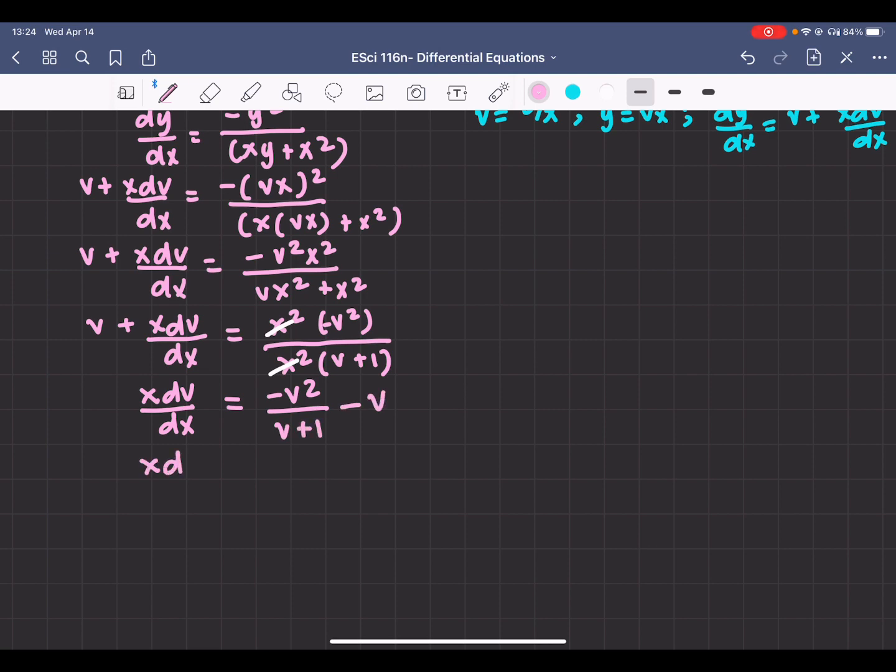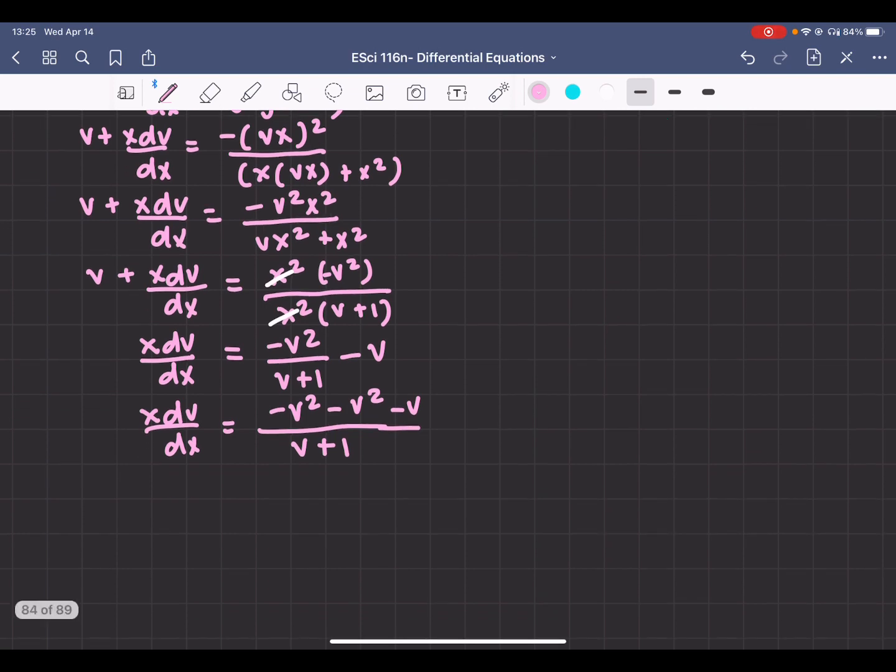Next, that's x dv over dx is equal to v plus 1 in the denominator, and we have in the numerator negative v squared minus v squared minus v. So we just join the two terms, and we can still simplify this. That's x dv over dx is equal to negative 2v squared minus v all over v plus 1.